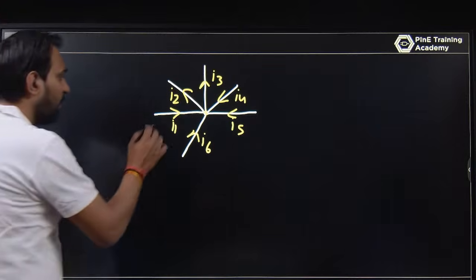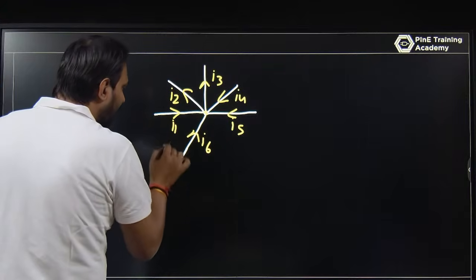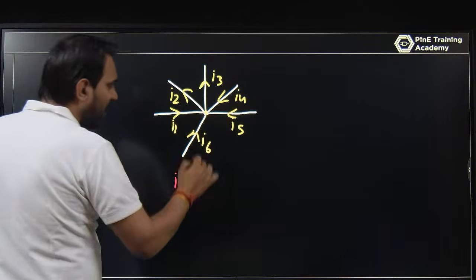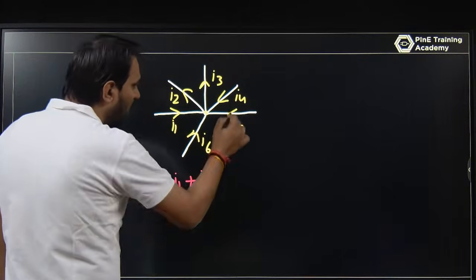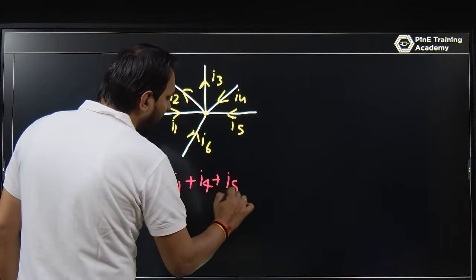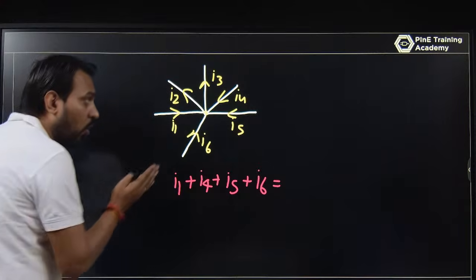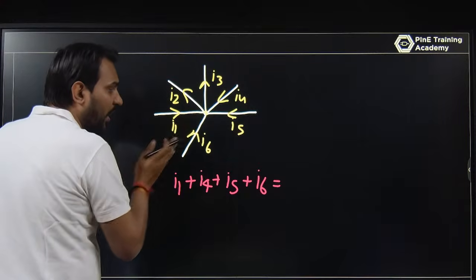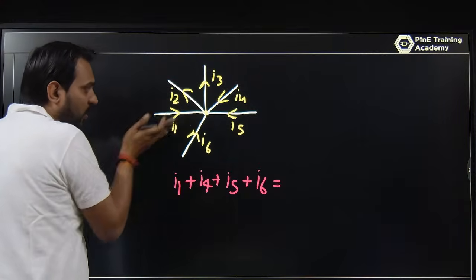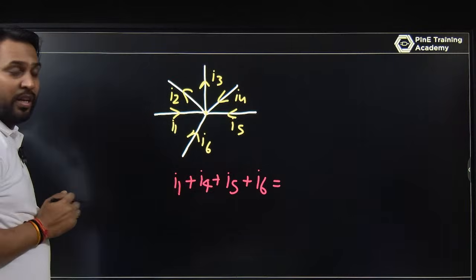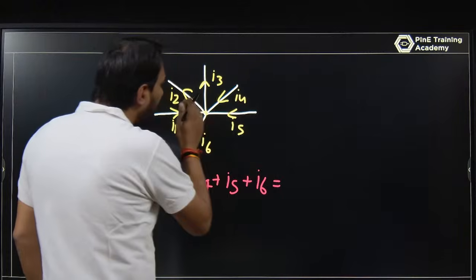How? Just simply say, what are the entering currents? The entering currents are I1, I4, I5 and I6. Entering current means that towards the node, the current is entering: I1 is entering towards the node, I6 is entering, I5 is entering, I4 is entering. The entering current is equal to the leaving current. What are the leaving currents?